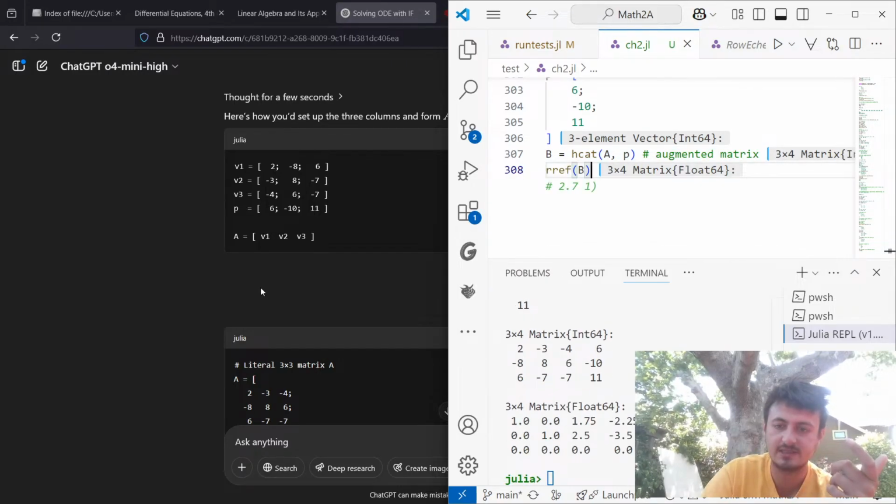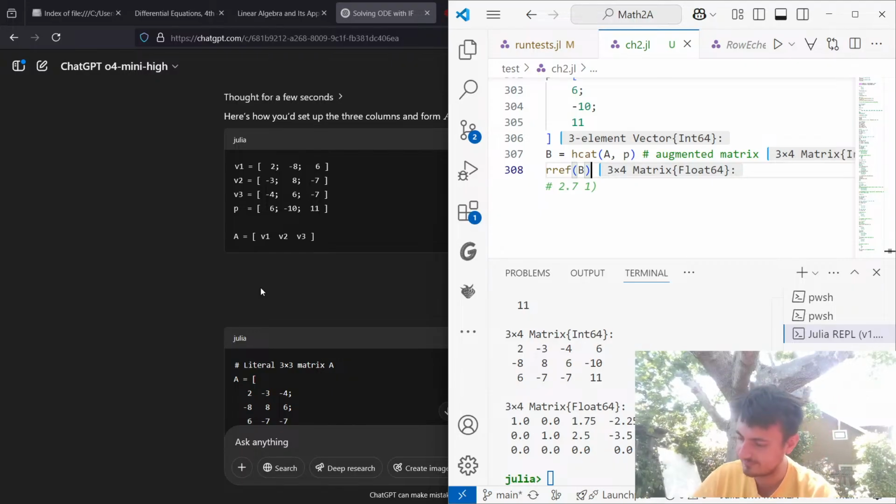Yeah, so this is in the column space, because we're going to get x1 is equal to minus 7/4 x3 plus 2.25, and then x2 is equal to minus 2.5 x3. Actually, I think it's supposed to be minus 3.5. And then x3 is free.